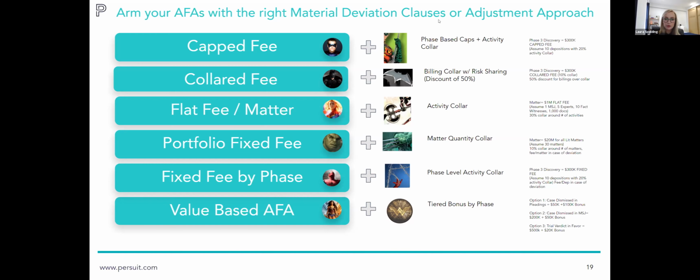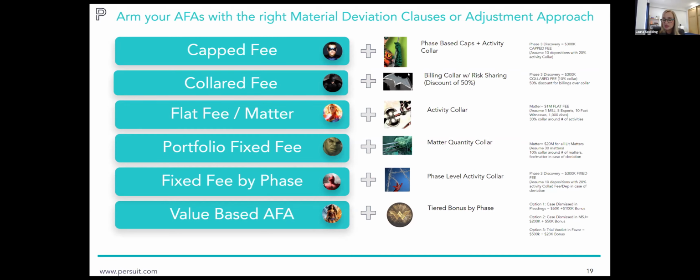And then the same with portfolio fixed fee, you're usually paying a price either per matter that's rolled into a yearly rate for a predicted number of matters. If the number of matters increases up or down by 30%, or I think David's got 10% here, in the number of matters, then you pay that additional cost accordingly per number of matters.